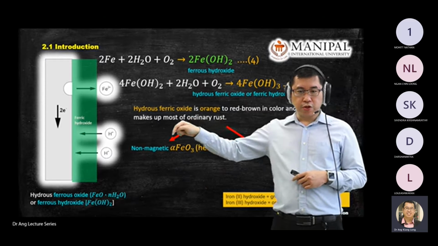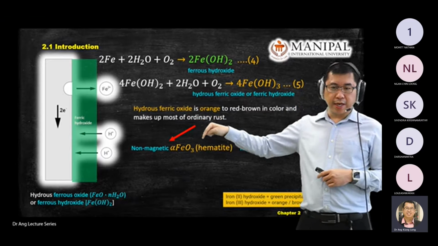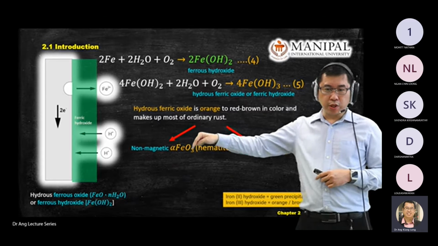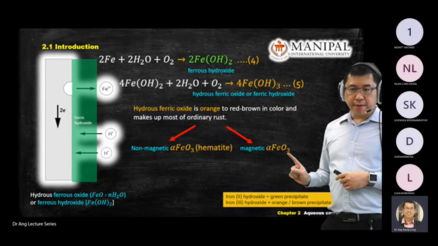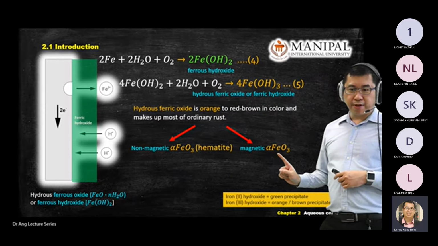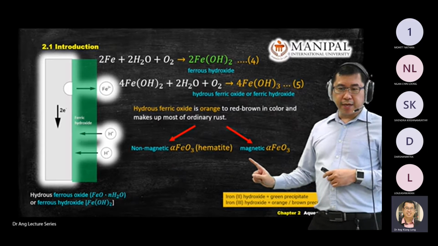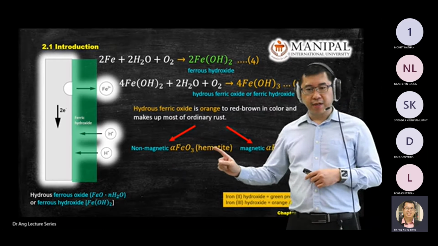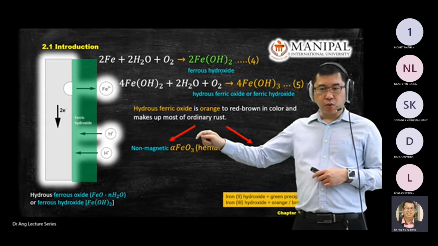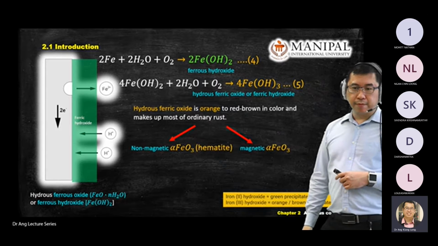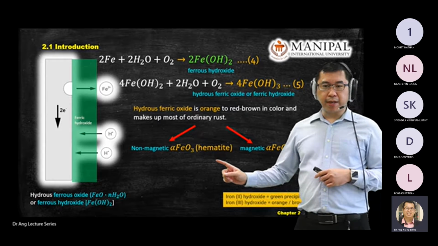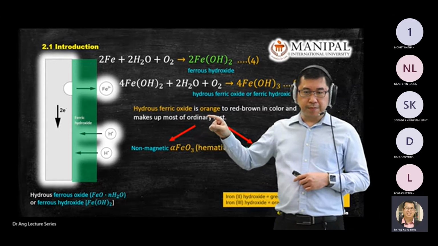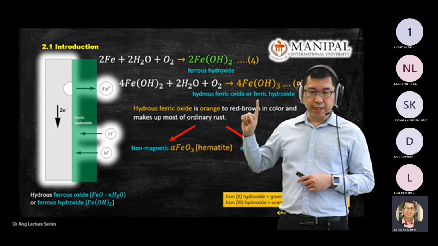So for the non-magnetic one, we call it hematite or alpha Fe2O3. Also alpha Fe2O3, but another type is magnetic. So you have two types of alpha Fe2O3.